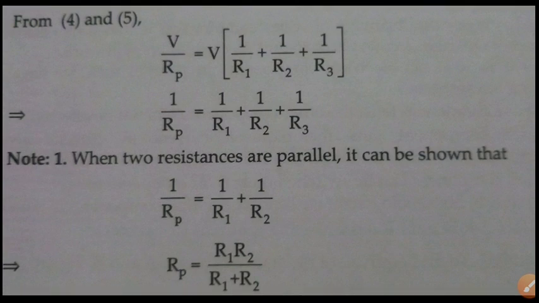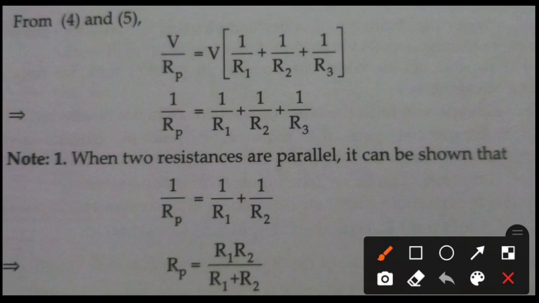Here again Rp is the total resistance of the circuit. So we can say that total current I is equal to total voltage divided by total resistance in parallel.